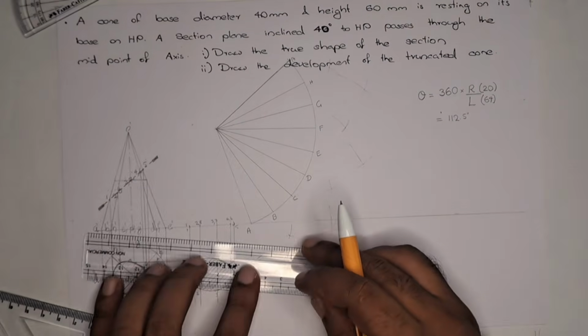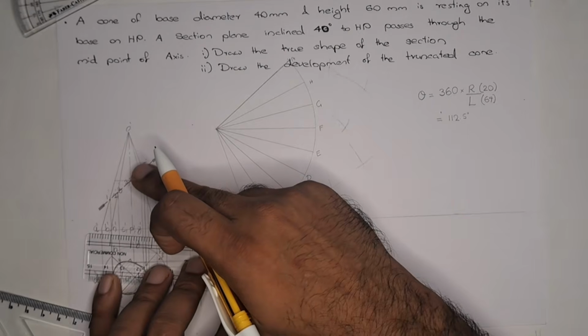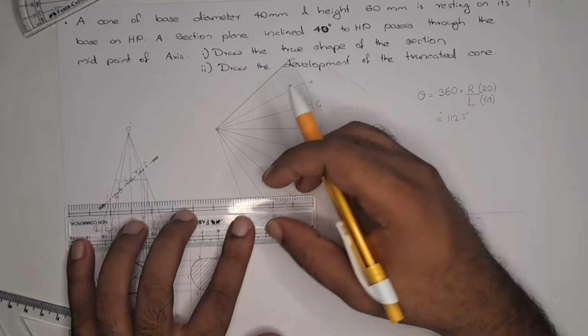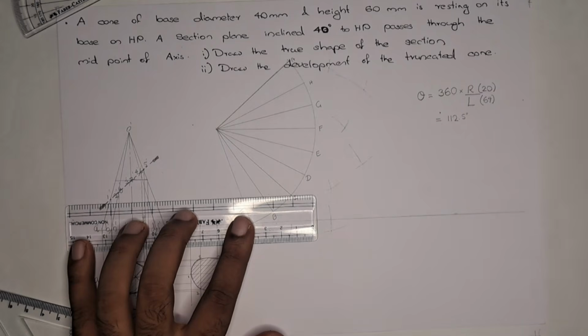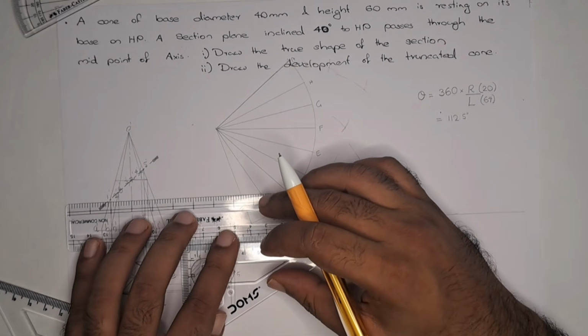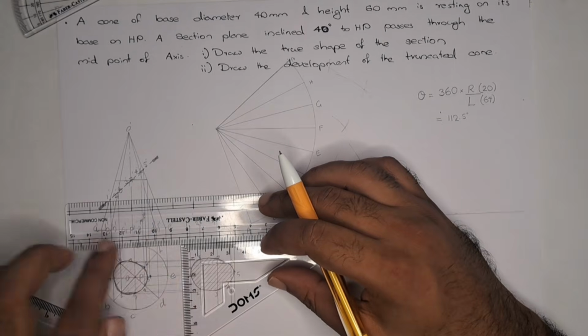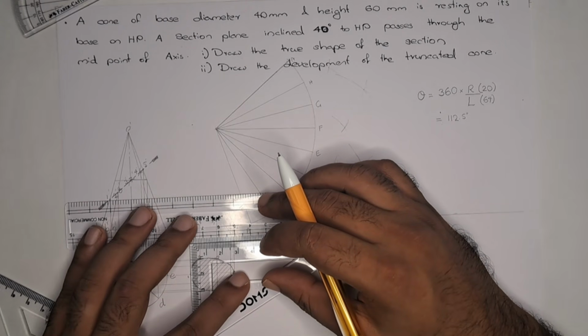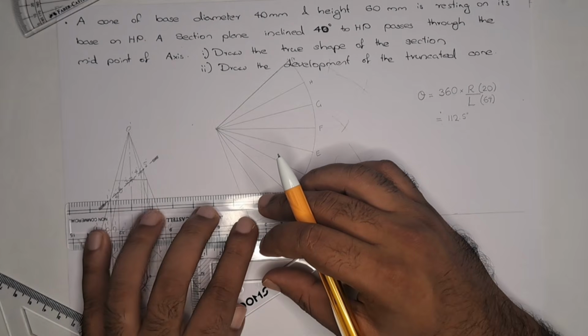Now it's time to plot these points to this arc. So we can draw parallel lines, perpendicular to the projection lines over here, or the parallel lines from the XY.